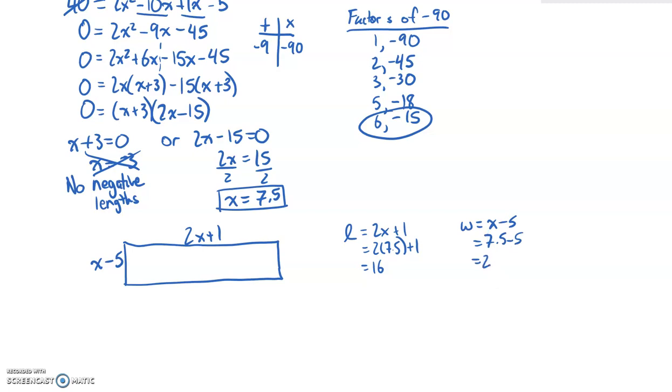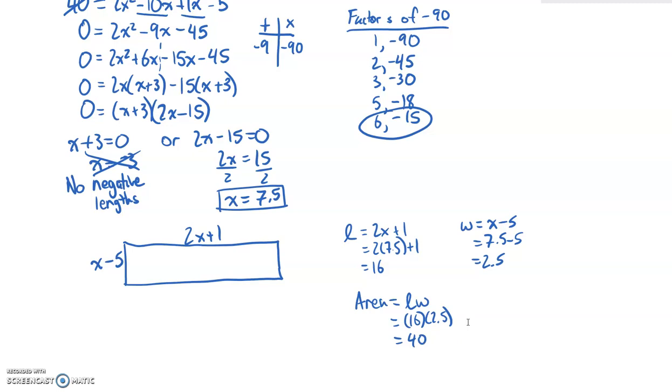And so if you go ahead and calculate the area, we know the area is equal to length times width. In this case, 16 times 2.5. Well, 16 times 2.5 is 40, which is the area we were given.